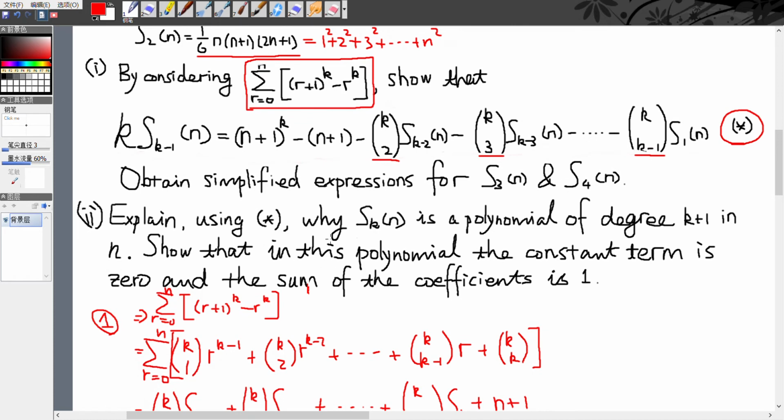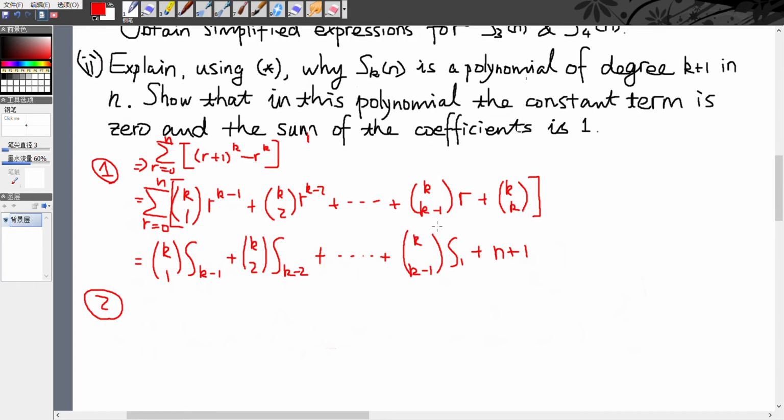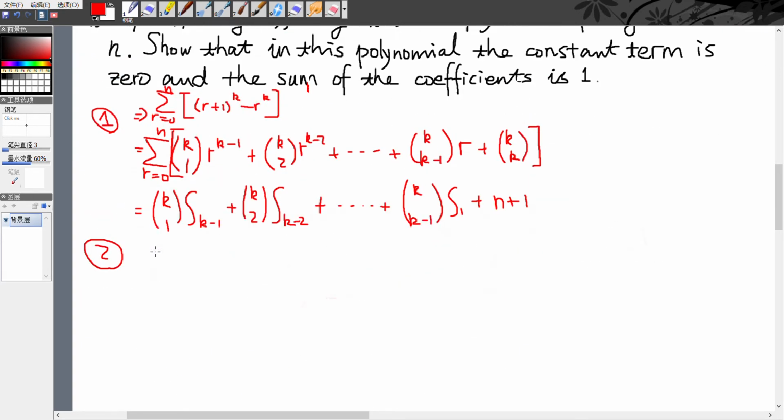I think if we express it another way, then we will have the equality we want. If we just observe the expression given on the top, we will immediately recognize that if this star expression is true, then the summation from r equals 0 to n of (r plus 1) to the k minus r to the k is equal to (n plus 1) to the k.